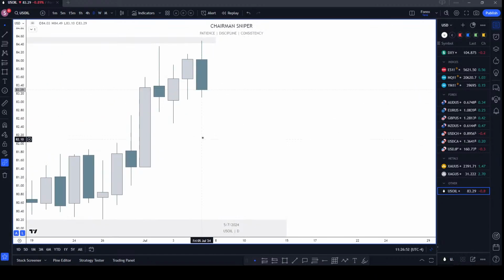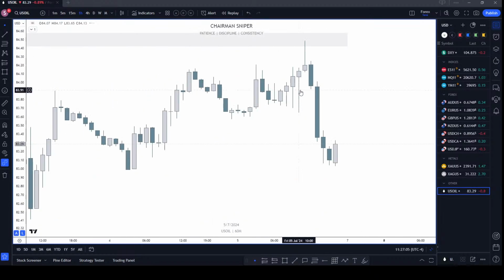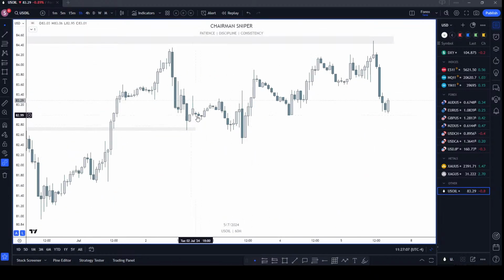The daily, we did react to this fair value gap last week. I wasn't actually paying attention to this trade, which I should have been. If I was, this could have been a very nice trade into that fair value gap up here. I was actually looking at this after the fact, but I don't think I would have had fun with this trade regardless.